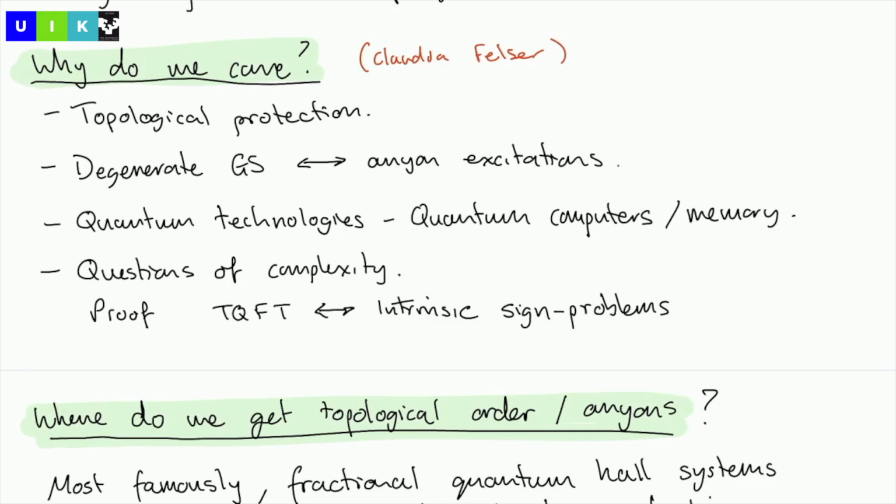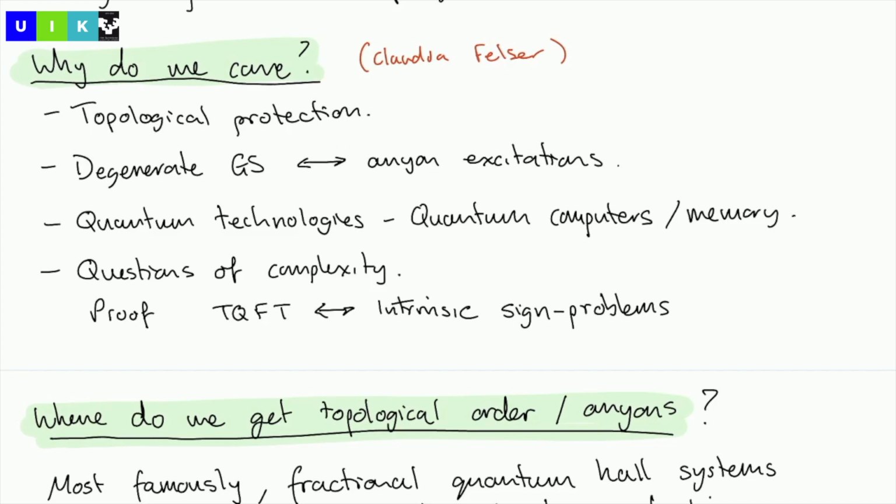These are non-local objects that are not sensitive to imperfections in our system. We also have this deep connection in these systems between ground states or degenerate states of our system and the types of excitations that can appear in this system. Okay, so this is not at all obvious, but there is this deep connection between these two things.